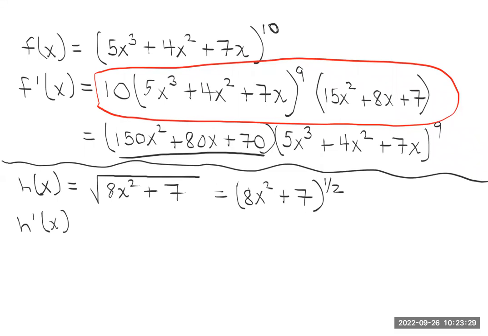So I have the exponent down in front. Subtract 1 from the exponent. So I now have 8x squared plus 7 to the negative 1/2. 1/2 minus 2/2 is negative 1/2. Times 16x, the derivative of what's in parentheses.